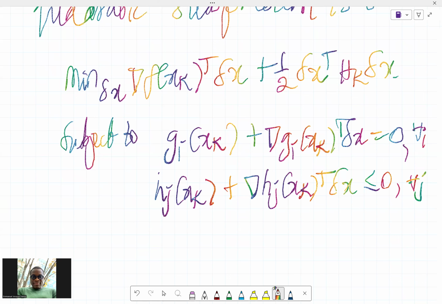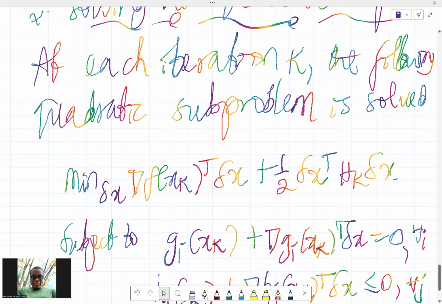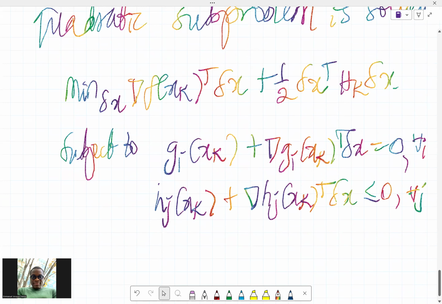So we solve the quadratic subproblem at that level.